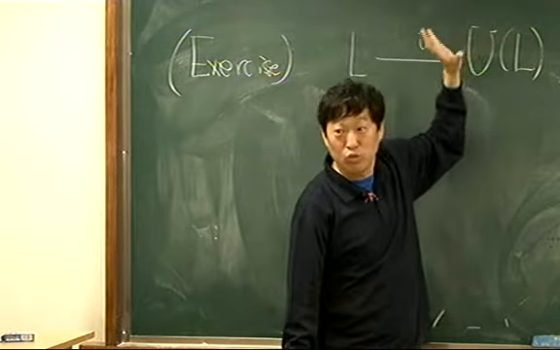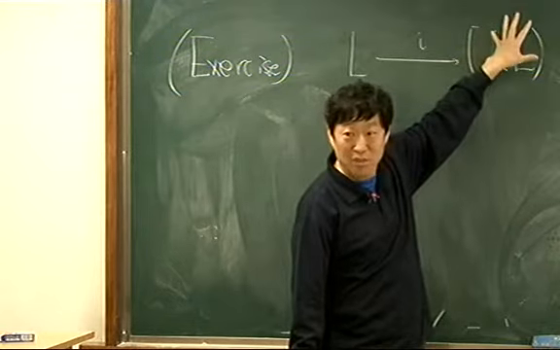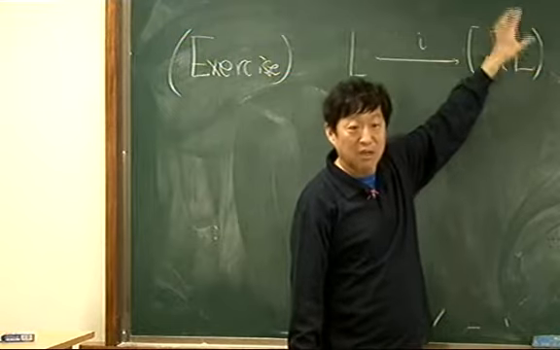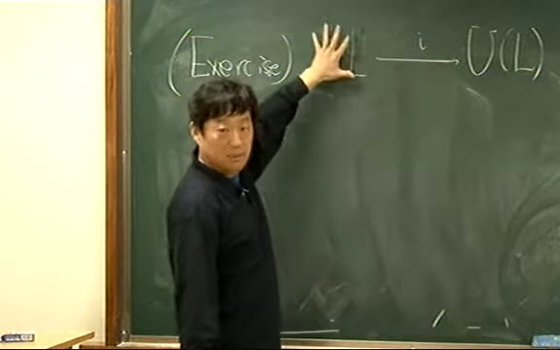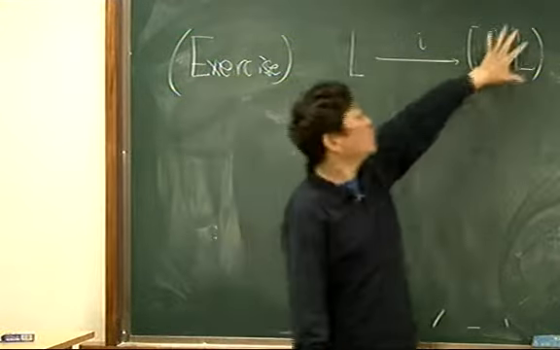That's why it is called the universal enveloping algebra. It is an associative algebra which is big enough. Still, it satisfies all the relations inside L in terms of associative algebra.